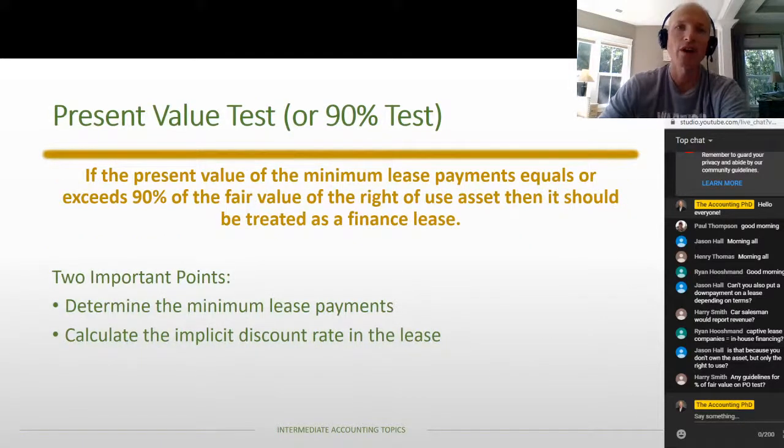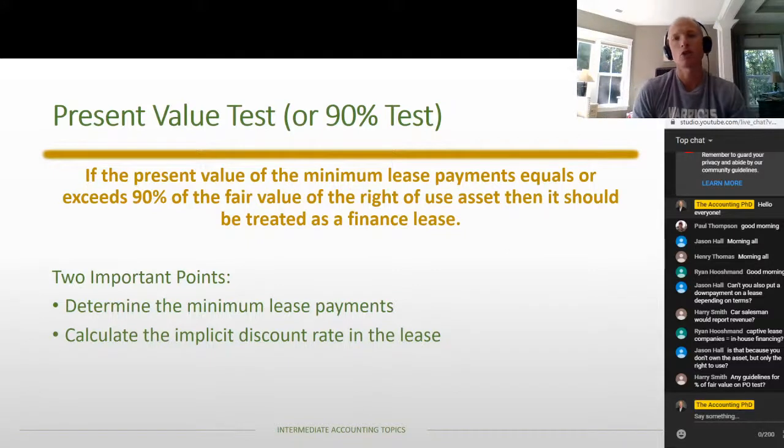All right, so present value test, this is where we're going to spend most of our time. The present value test, also known as the 90% test. If the present value of the minimum lease payments equals or exceeds 90% of the fair value of the right of use asset, then it should be treated as a finance lease. Again, we have to determine what the minimum lease payments are, and then we need to figure out how to calculate a discount rate.